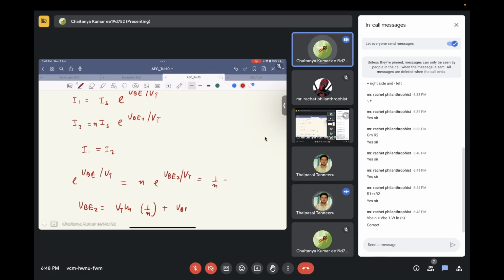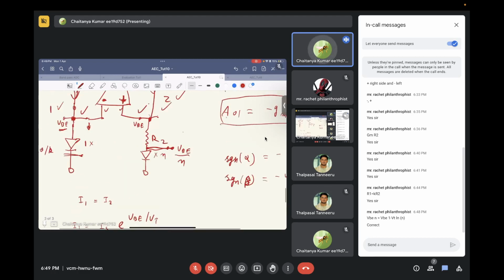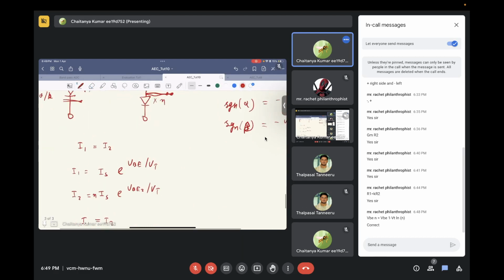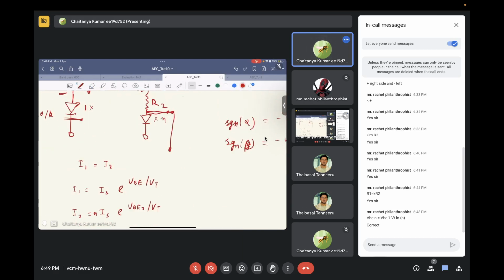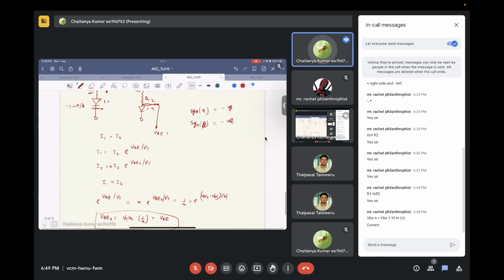So 1 by n is equal to e to the power (VBE2 minus VBE) divided by VT. So yes, correct. So this is what you get as VBE2, that is this node: VBE minus VT ln of n, right?